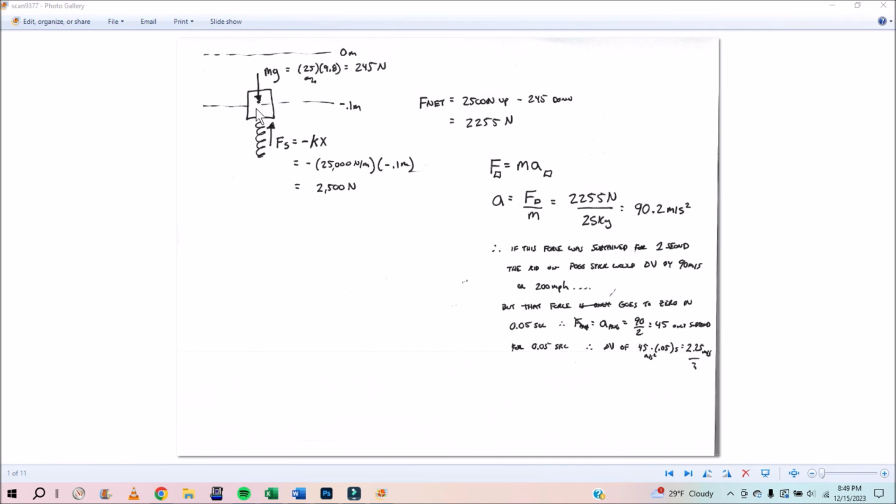An object pushes into a spring and the force is always drawn outward. And why it's negative kx is because this x becomes negative. When the spring's at rest, it's up here, but once we compress that spring 0.1 meters, we're doing that in the negative direction.